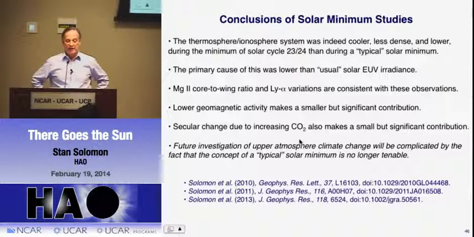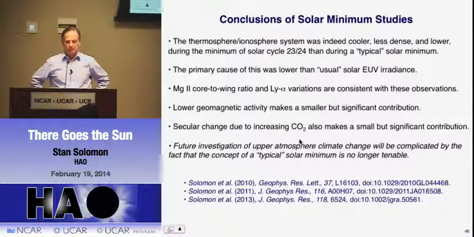Lower geomagnetic activity during that solar minimum is important. It's a smaller contribution, we think, but it makes a significant difference to the thermosphere and ionosphere processes. The secular change due to the increasing carbon dioxide levels is also important, but in this case small, only about a 5% change from the previous solar minimum.